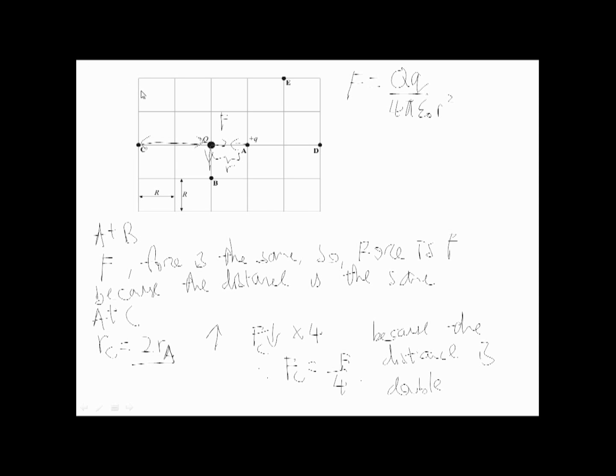Sorry, I will call out the pen again. So at D, back to the previous one, D is somewhere from here to here. You can see the distance at D is 3 times already. So at D, RD is equal to 3 times RA.